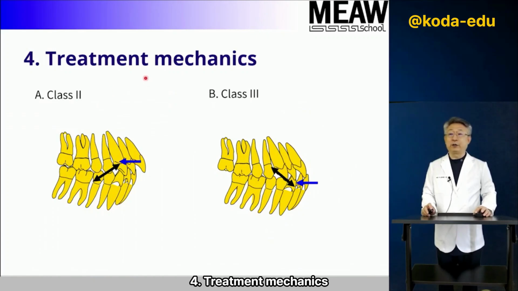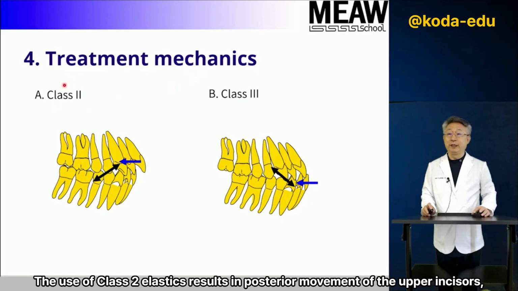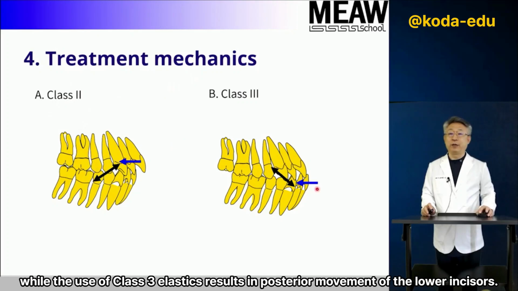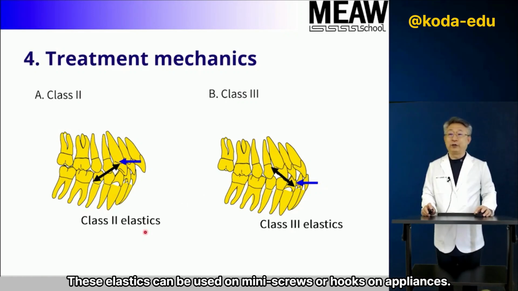4. Treatment mechanics. The use of Class 2 elastics results in posterior movement of the upper incisors, while the use of Class 3 elastics results in posterior movement of the lower incisors. These elastics can be used on mini-screws or hooks on appliances.